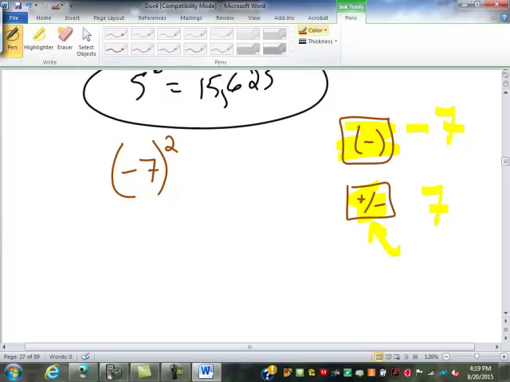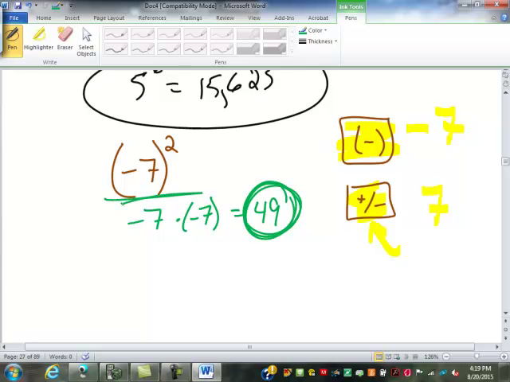Now, what did it tell you for an answer? -49. It said -49, but let's think about that. This means -7 times -7. A negative times a negative has to be a positive. Your calculator didn't screw up. We just all entered it wrong.